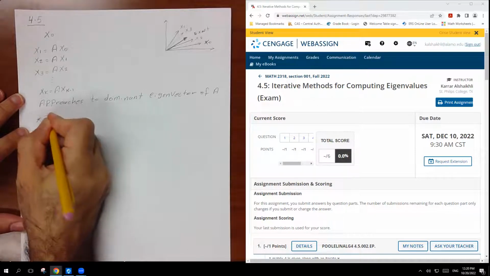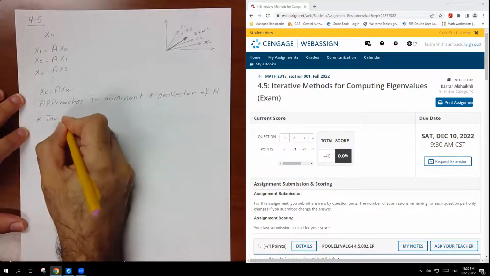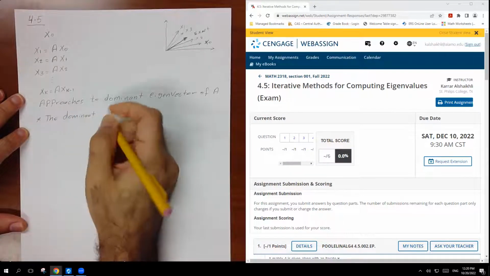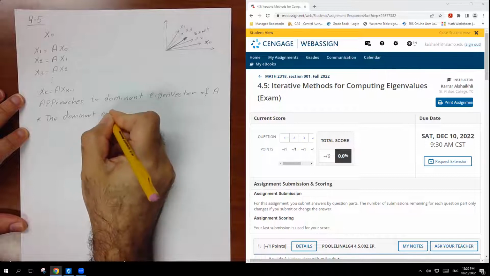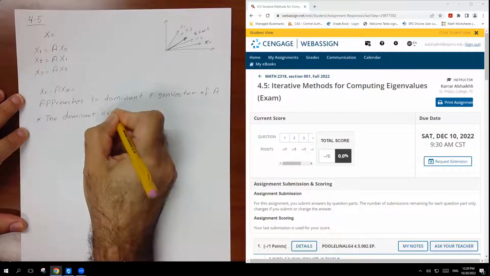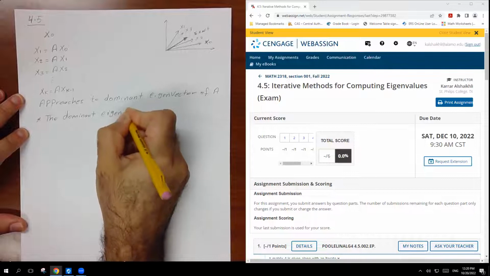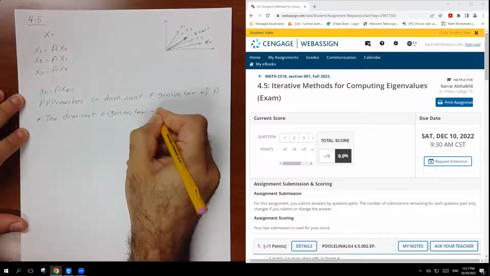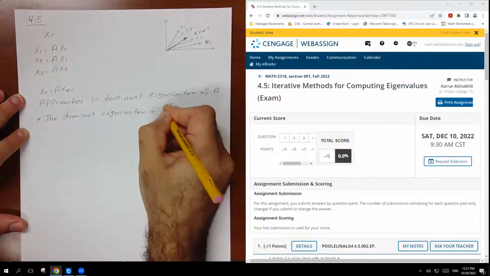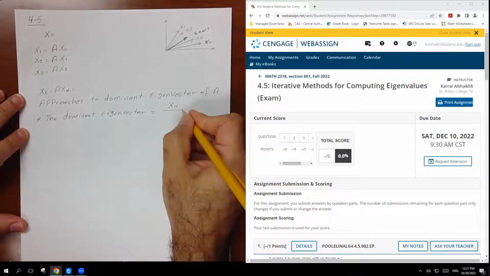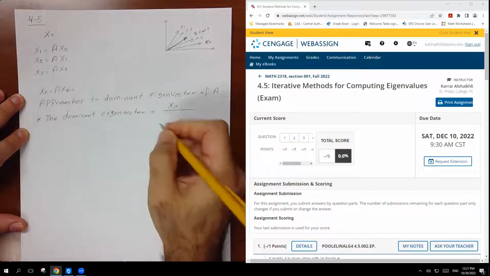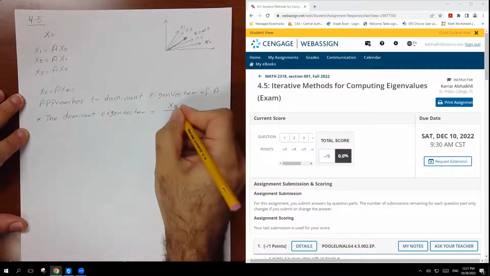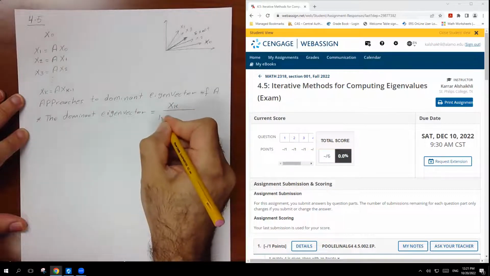Now, the dominant eigenvector, how are we going to find that? You're just going to say xk divided by the large component of xk.